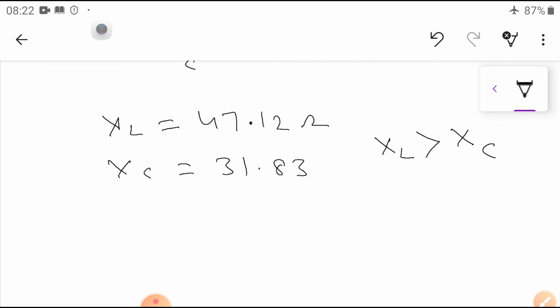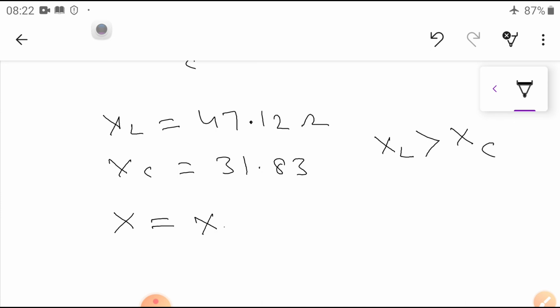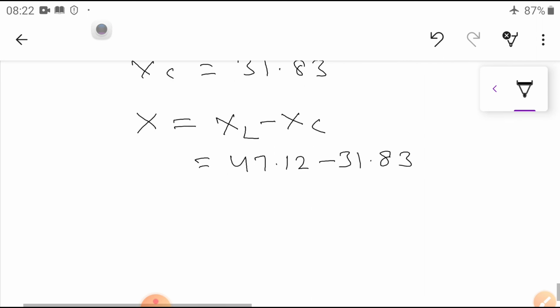Okay, if you know this XL, XC, then we find the net reactance. What is the net reactance here? X is equal to XL minus XC, that is 47.12 minus 31.83. Then the difference of this value is equal to 15.29 ohms.